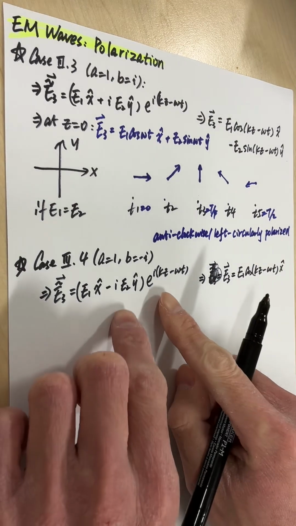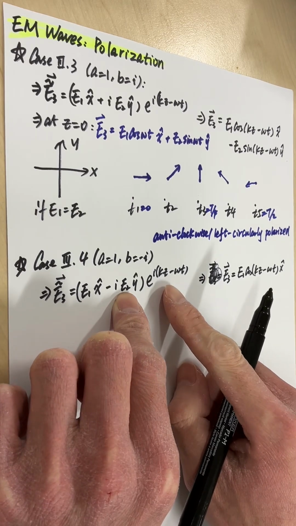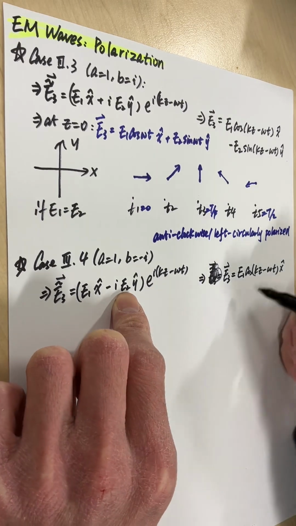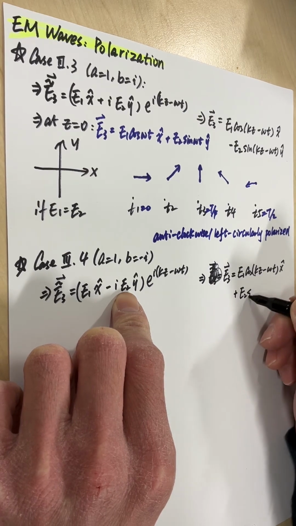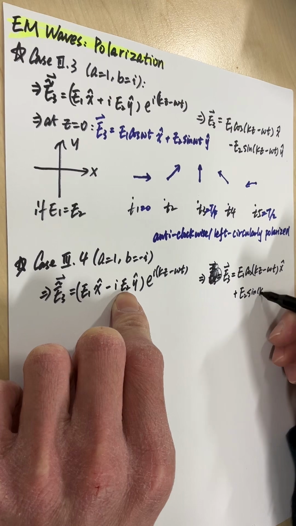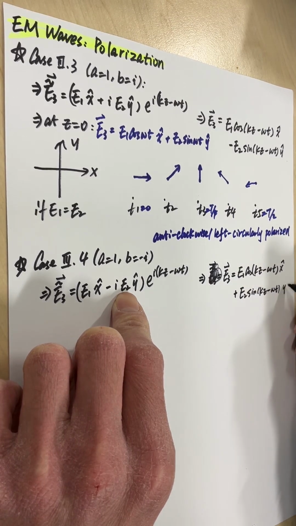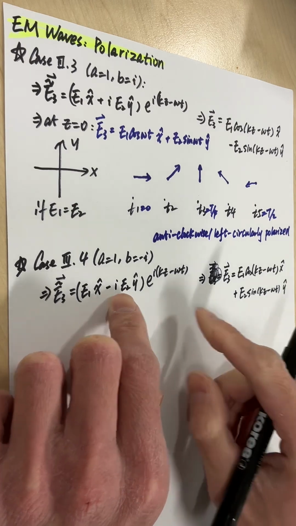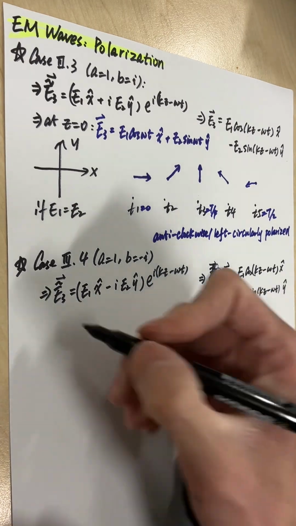And then here we have this term multiplied by the imaginary part of this function. So this would give us positive E2 sine kappa z minus omega t in the y direction. Right? So minus i and then i sine.